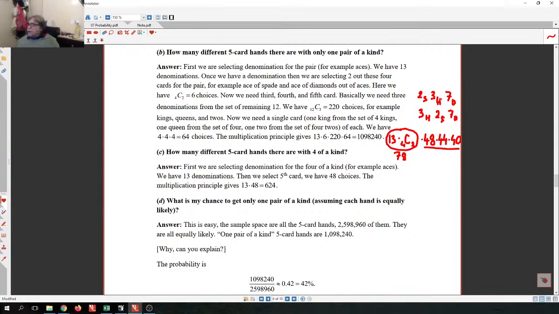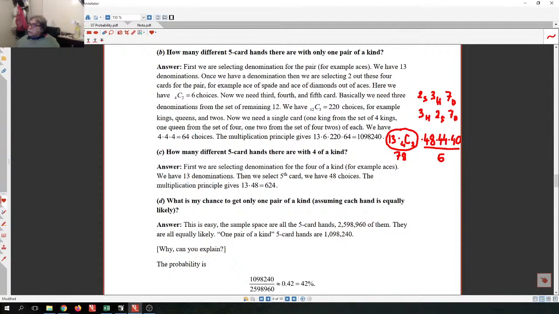And you can reorder 3 cards in 6 different ways. 3 choose 3 permutations. So you need to divide this number, or number of ways to get third, fourth, and fifth card, with 6, because each one of those, like 2 of spades, 3 of hearts, and 7 of diamonds, is actually 6 times here in this 48 times 44 times 40.